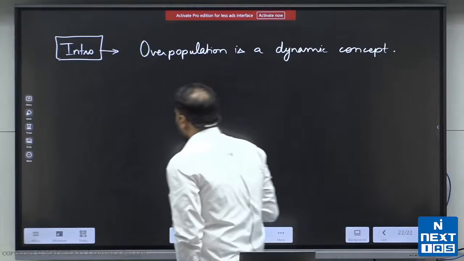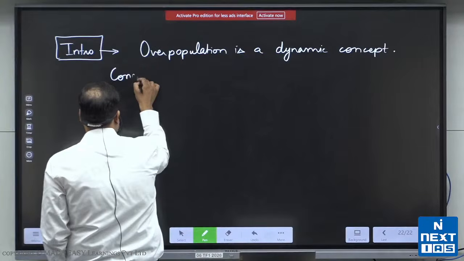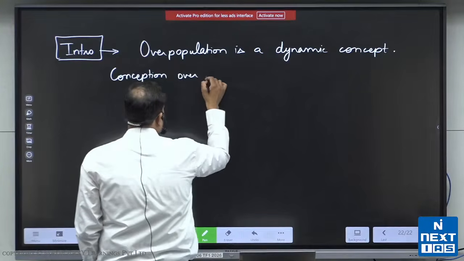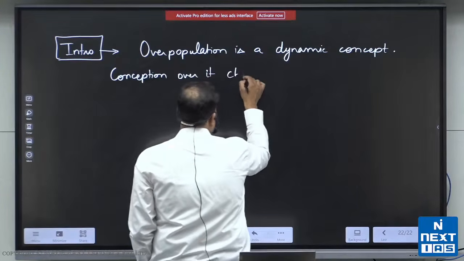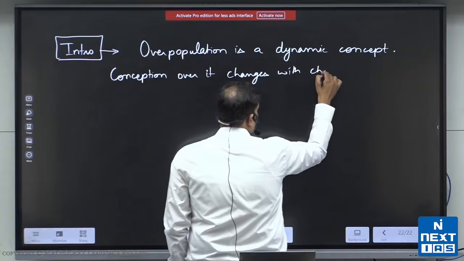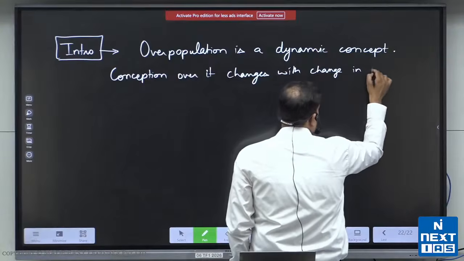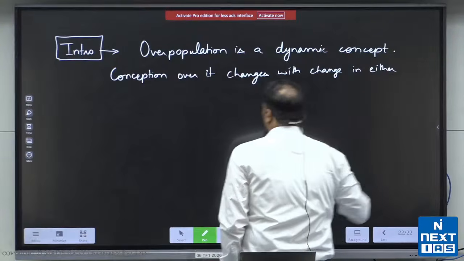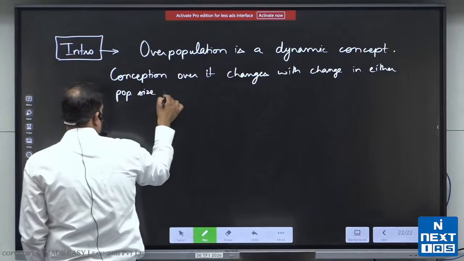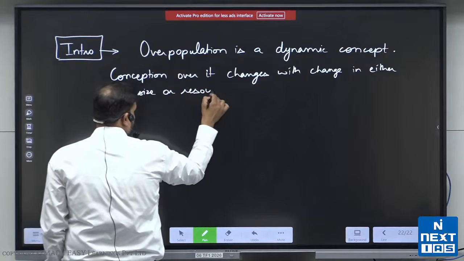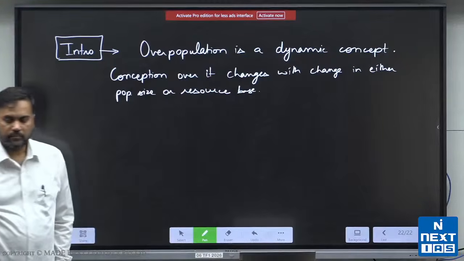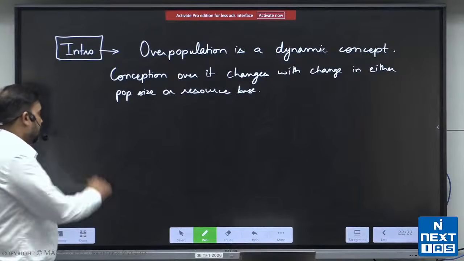Overpopulation changes with change in either population size or the resource base. Then I'll come to the main body.